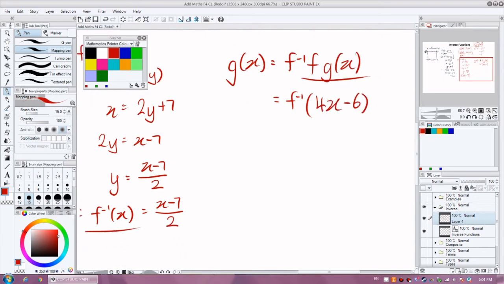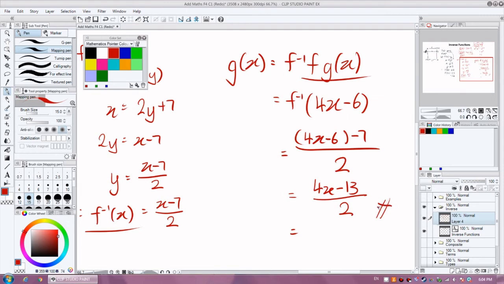We also know the inverse function for f, so we can just sub x with 4x minus 6. It will be (4x minus 6 minus 7) over 2, which turns out to be (4x minus 13) over 2.